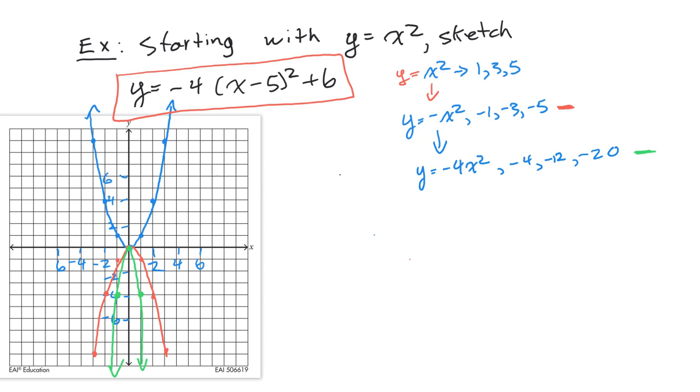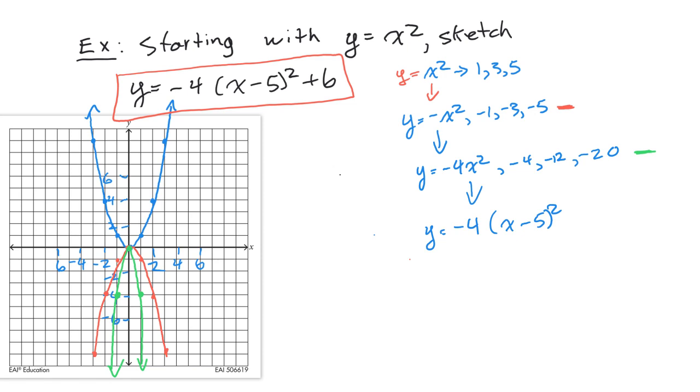Now the next transformation in our chart shows y is equal to -4 times (x minus 5) squared. That tells us that our graph moves left. Nope, not left, it moves right 5 units.